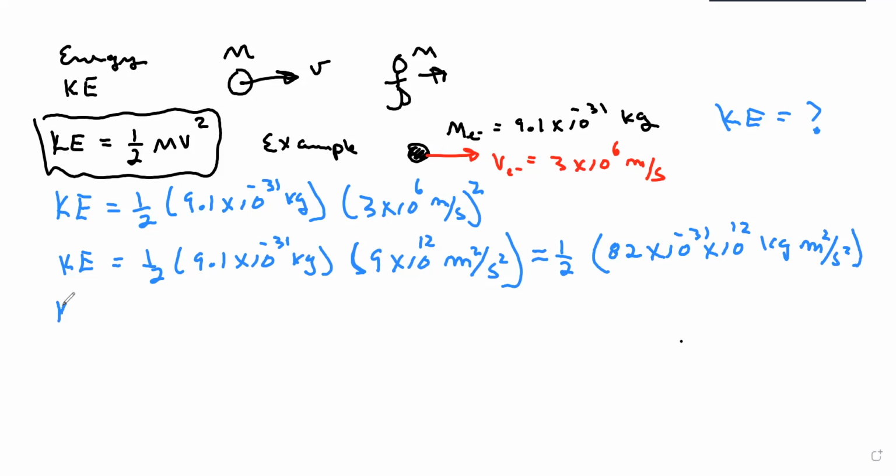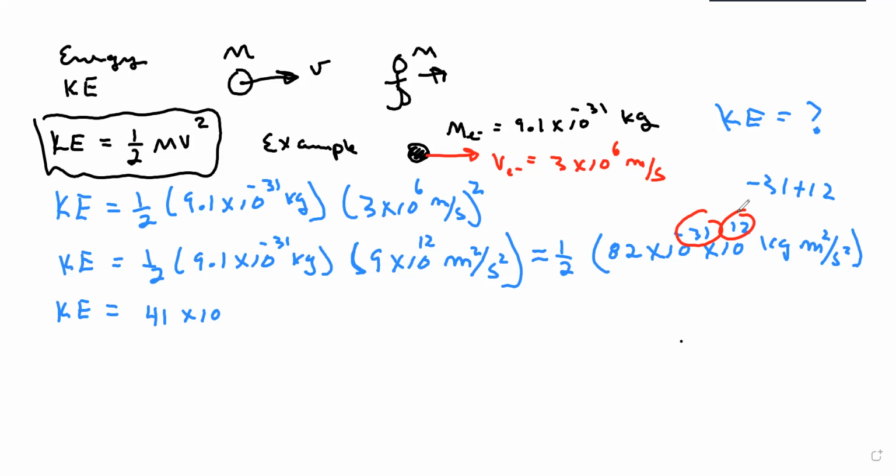So your kinetic energy here is going to be equal to, so 82 divided by 2 is going to throw you 41. Times 10 to the minus 31 plus 12, because you got to add the exponential quantities. You have to add up the exponents right here.